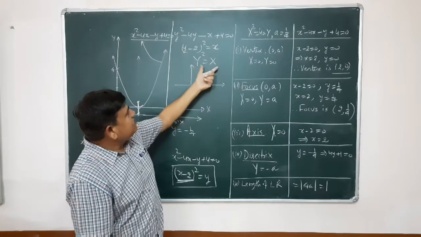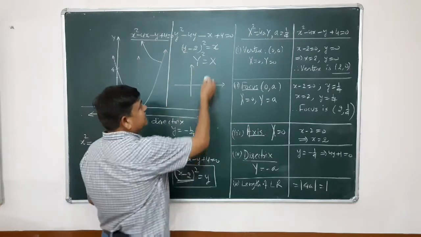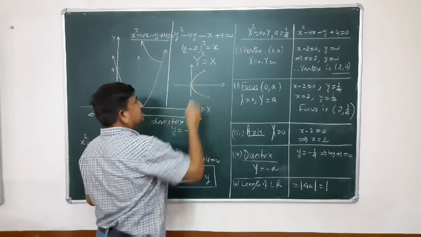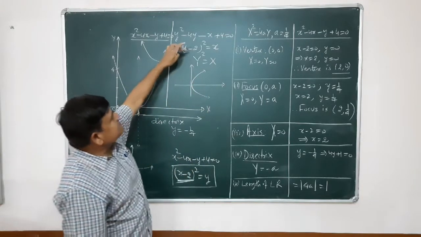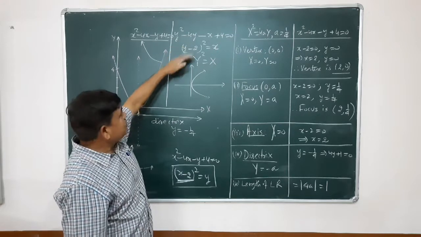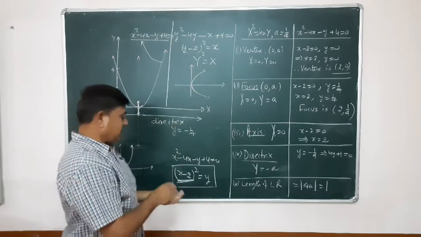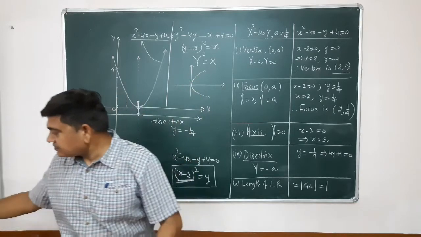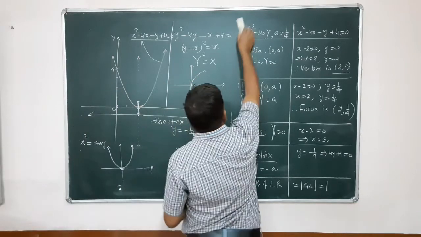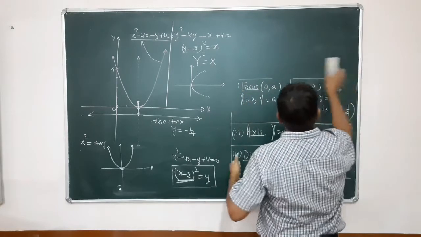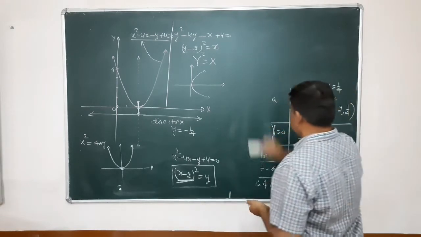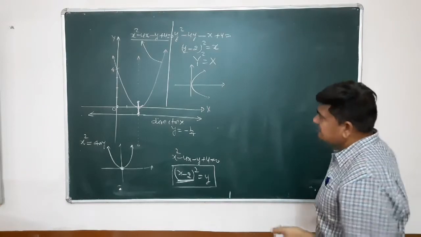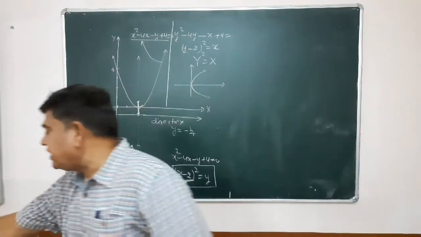Here it is y squared equals x, and we know that the graph of this will be this one. Now this becomes 0 at y equals 2, so it is 2 units up. So the graph is like this, without calculating all the things.